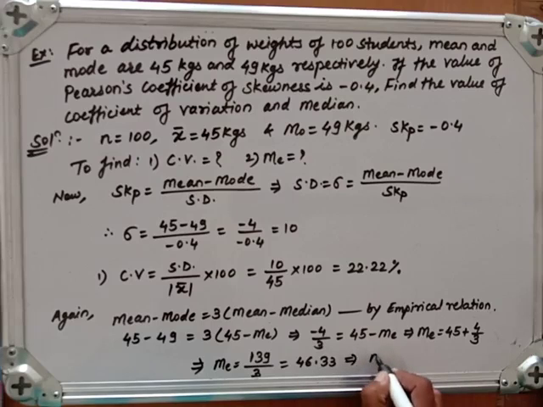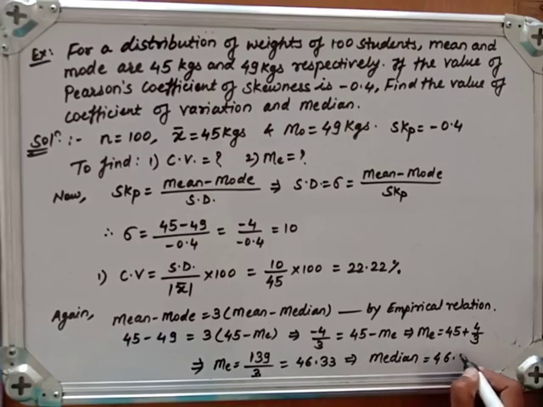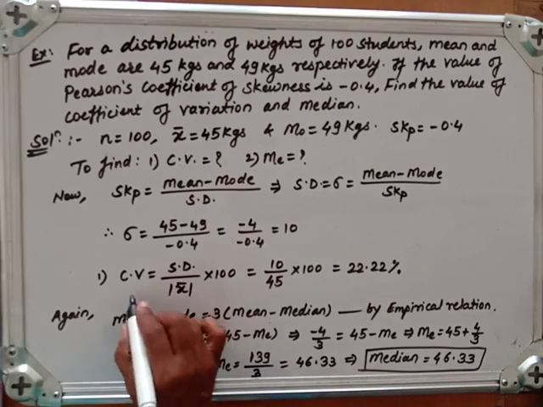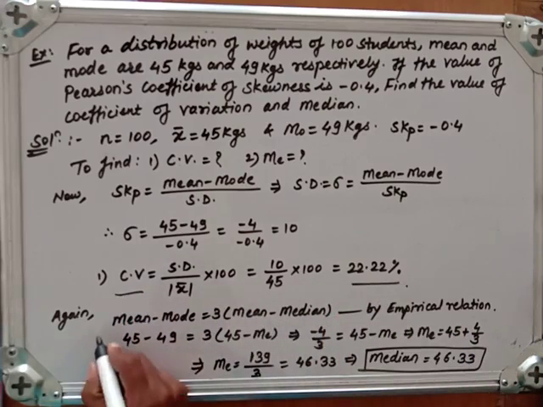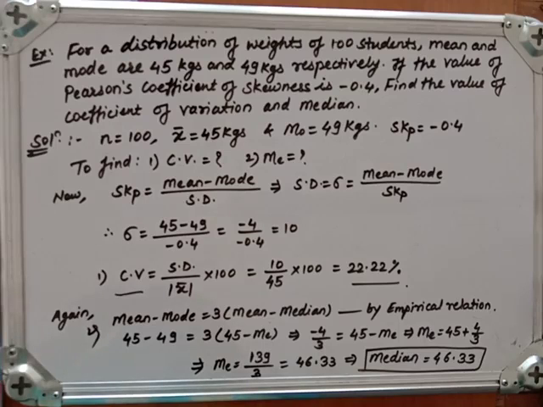So median is equal to 46.33. This is the answer, and this is the CV. This is the second one you can say by empirical relation. As such, we can easily determine whatever is asked of us.